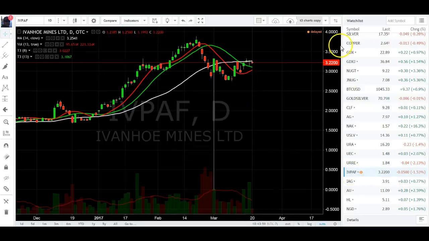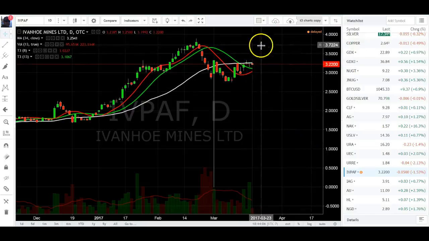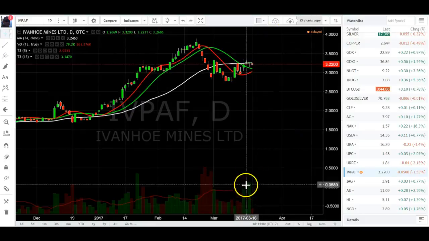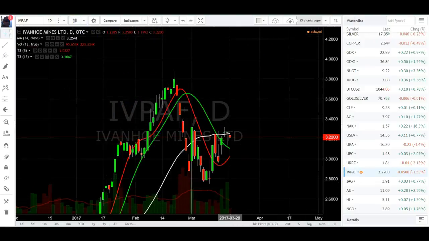And Ivanhoe. Needs a little bit of work to get above that 34, but nice volume leading into it. So see what happens. Got a nice reversal bar here. Take out that reversal bar on the upside.